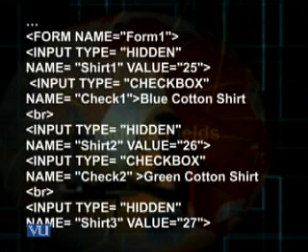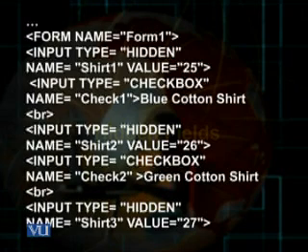And then after the break tag, there is another pair of input tags: input type hidden, name shirt 2, item code value 26, then input type checkbox, name check 2, green cotton shirt. This is the second option, the second item, green cotton shirt.